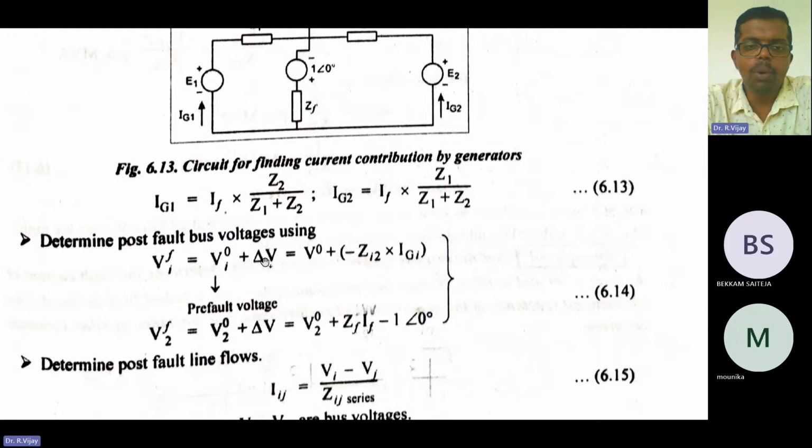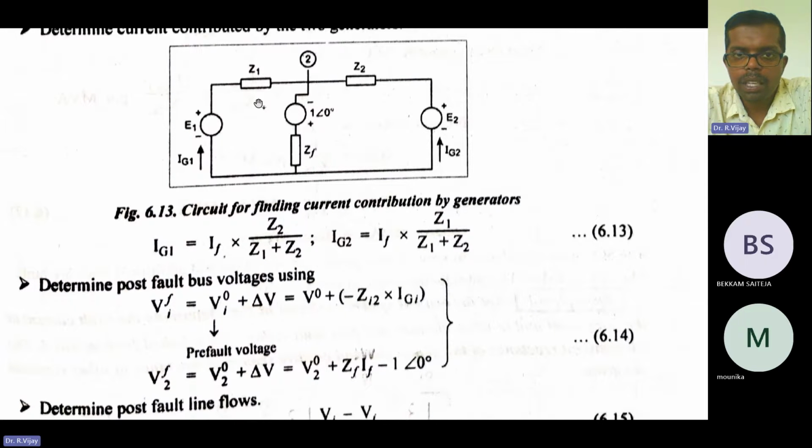This change in the voltage, we have already seen this concept in our Newton-Raphson and Gauss-Seidel methods. How to calculate the change in the voltage? So pre-fault voltage V naught plus, here it is Z12, because the change in the voltage is happening at the fault bus itself.